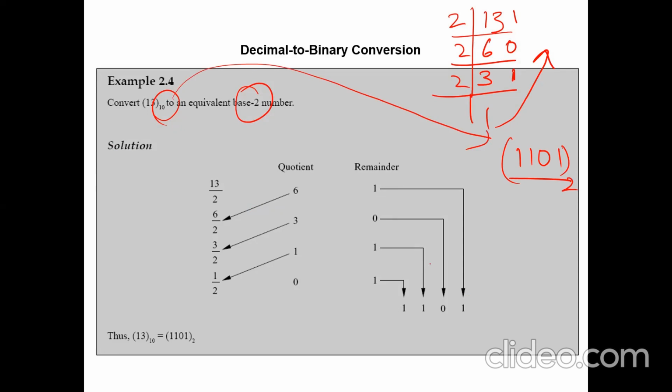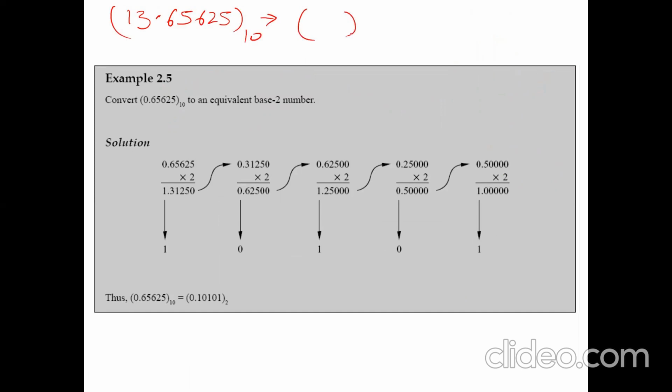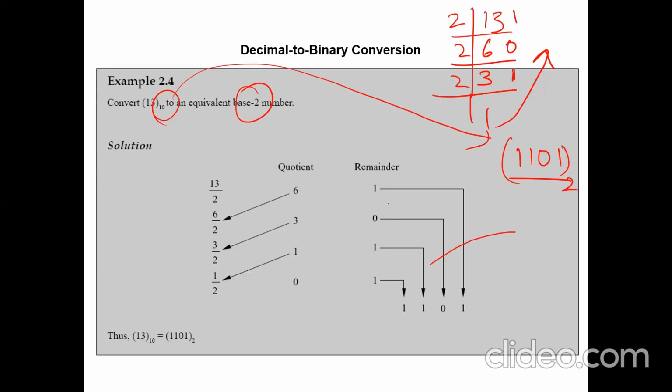Suppose there is a question like this. You want to convert 13.65625, a base 10 number, to a base 2 binary number. 13 we have already done, 1101.